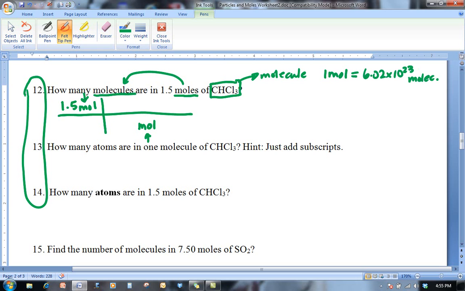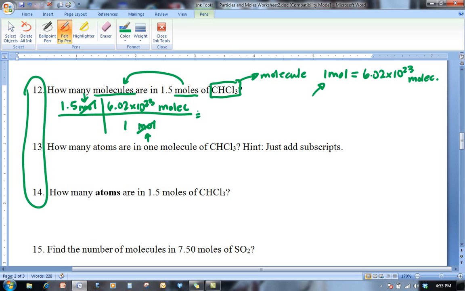Okay, so if I look at the equation that I just wrote, I have the number 1 next to my abbreviation for mole. So I'm going to put number 1 here in my dimensional analysis window. And then on top I'm going to put 6.02 times 10 to the 23rd molecules. Moles cancels.